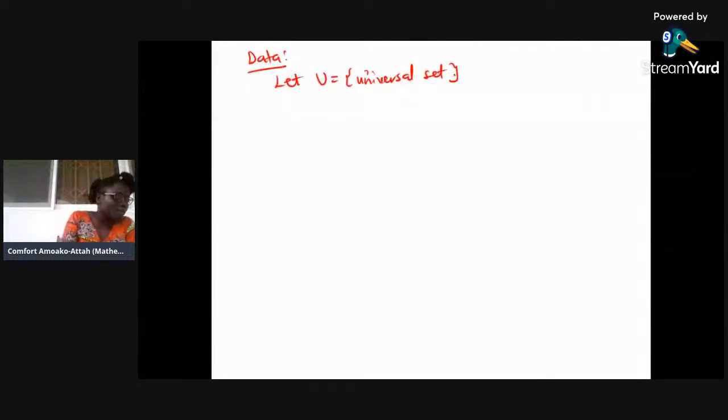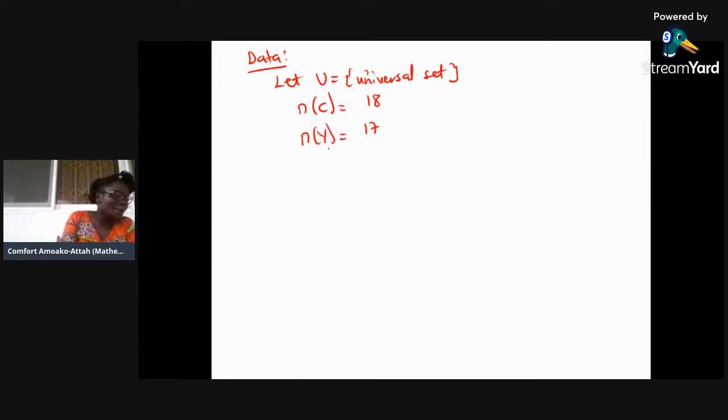Then we also have the number of women who sell corn to be 18. Number of women who sell yam to be 17.